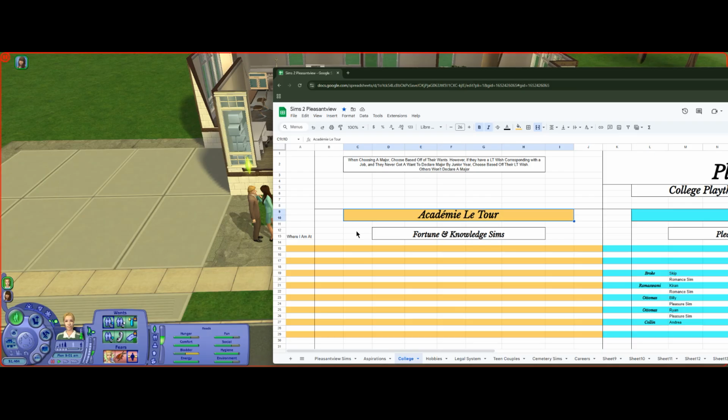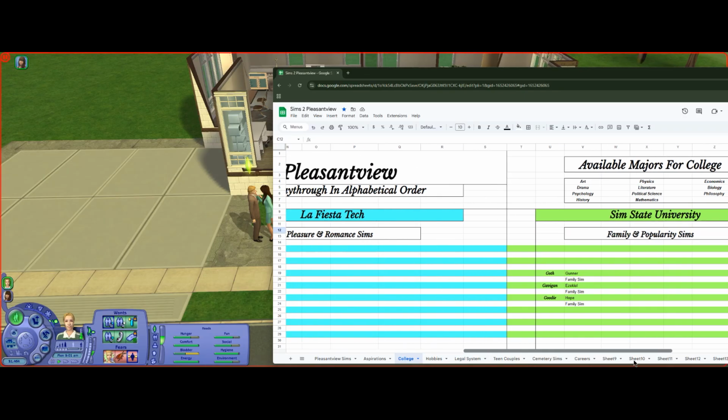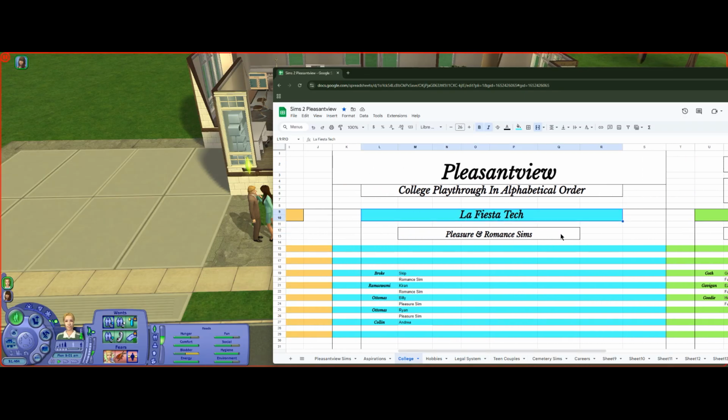So this is why they are here at Academy Latour, because they are prestigious and they want their students to get high marks when they graduate. So that's the reason why I have Fortune and Knowledge Sims come here, because I like to think of Academy Latour as prestigious. Then we have La Fiesta Tech, which has our pleasure and romance Sims.